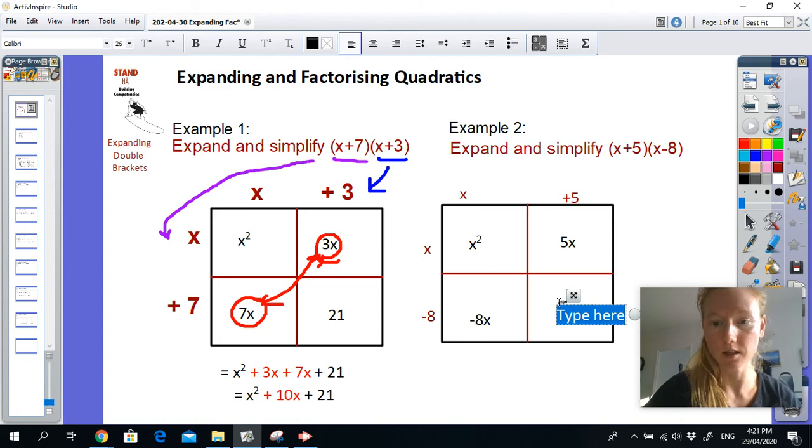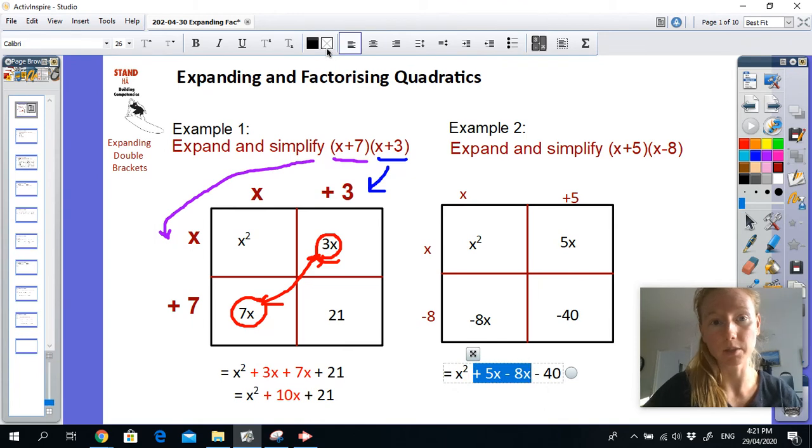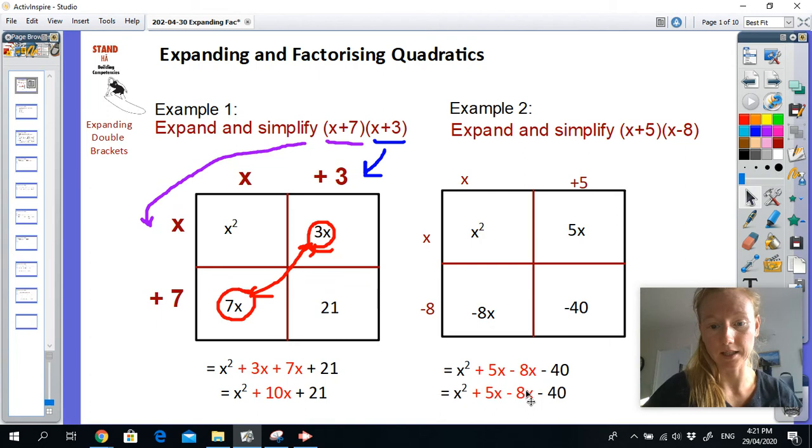And the same here, 8 times 5 is 40, but a negative times a positive is going to give us negative 40. Then we can write those out. X squared plus 5x. Take away 8x. Important that we take that sign with it. And take away 40. Again, those 2 in the middle are going to be like terms. Collect those together.